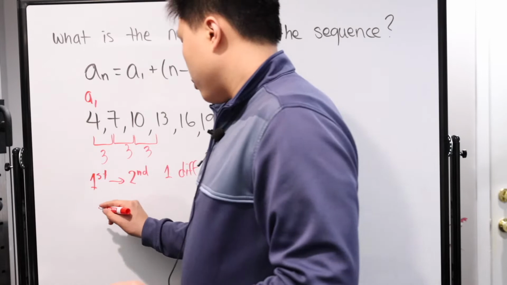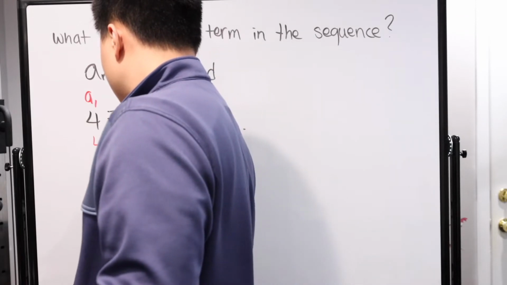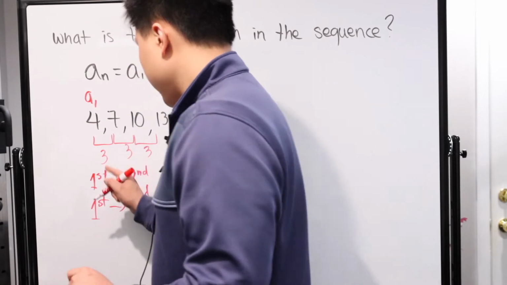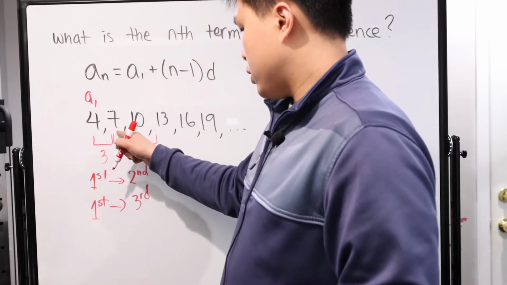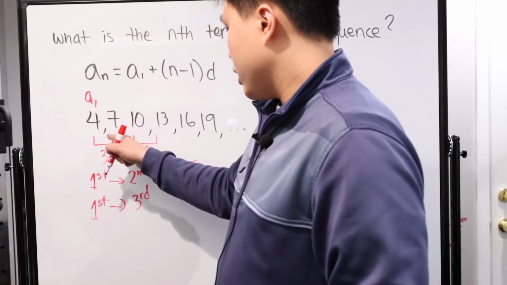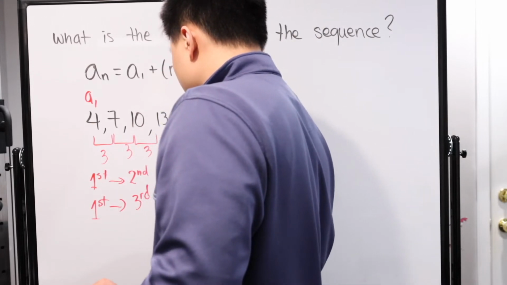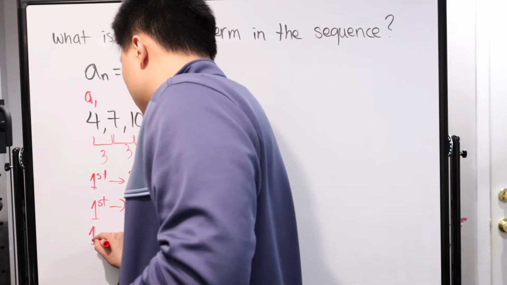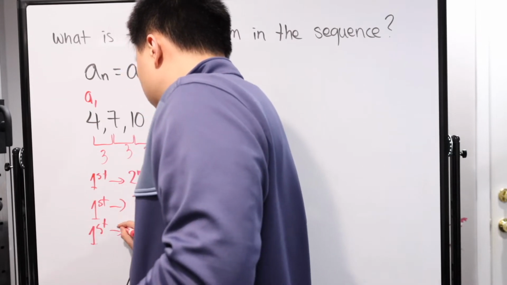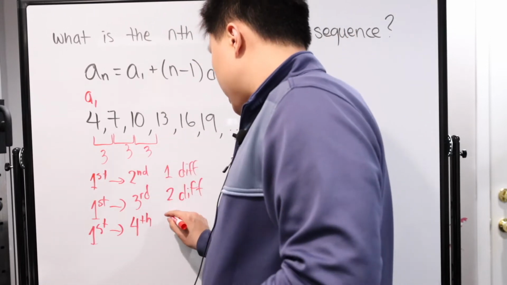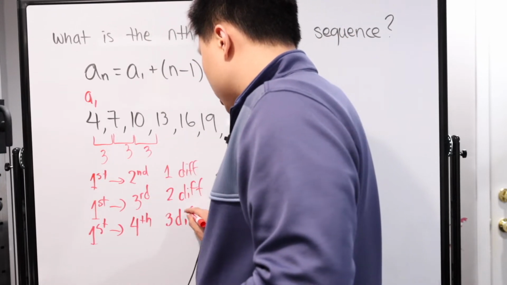Well, from our first to third term, it's going to be 1 to second, then to third. That's actually 2 differences. First to fourth term, that's going to be 3 differences, and so on and so forth.